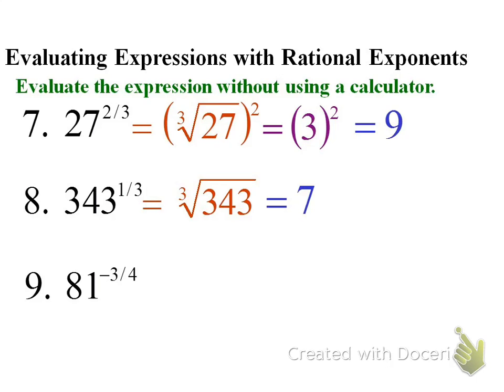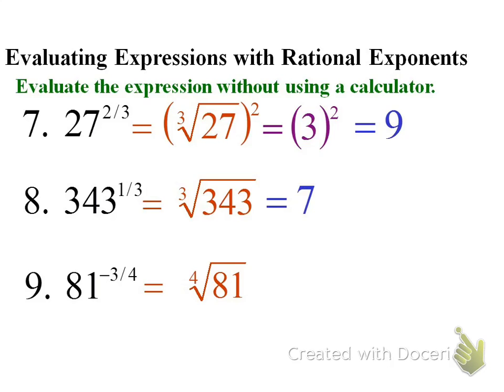All right, here's our next example. 81 to the negative 3/4 power. So what's going to become our index? 4. 4 becomes our index.